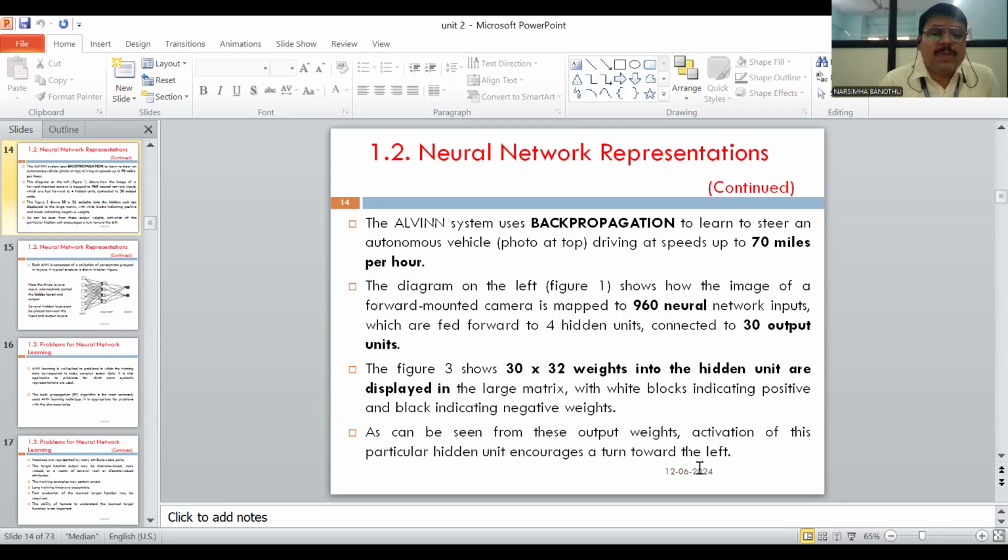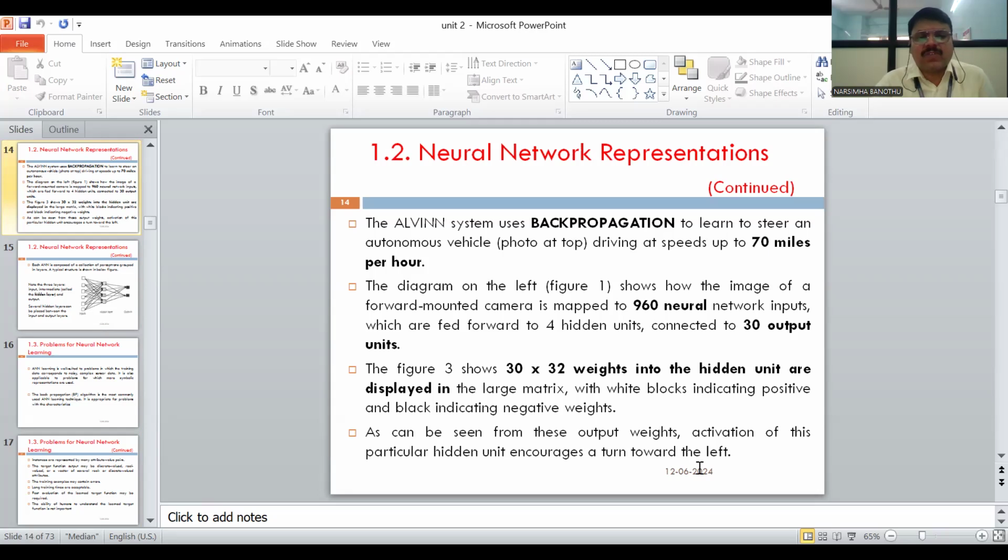So how the image of a forward mounted camera is mapped to 960 neurons, which feed forward to 4 hidden units connected to 30 output units. Already I observed that the 30 by 32 weights into the hidden unit are displayed in the large matrix, right? With white indicating positive and black indicating negative weights.